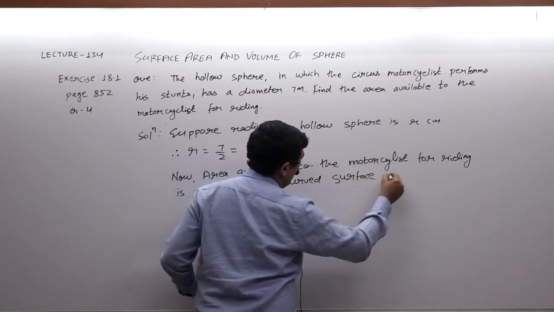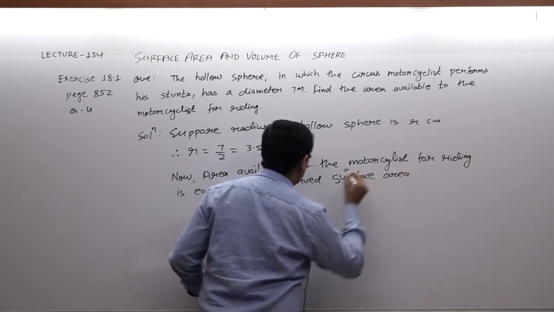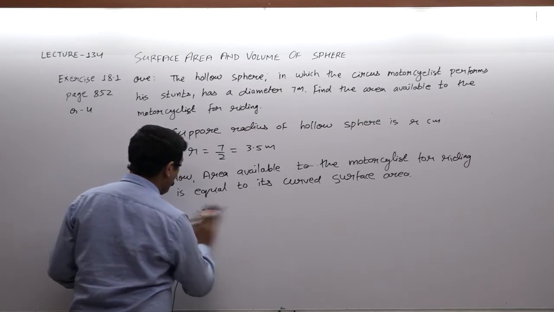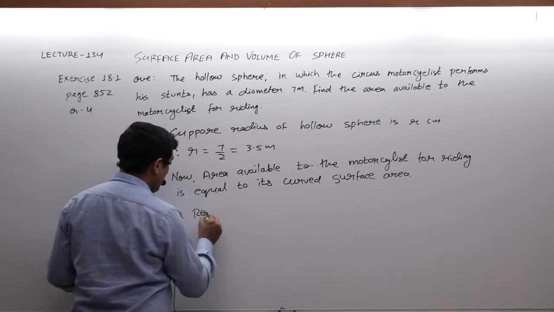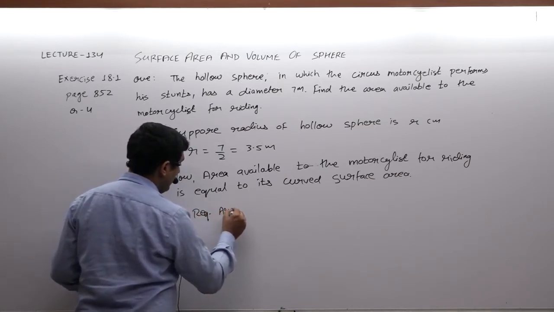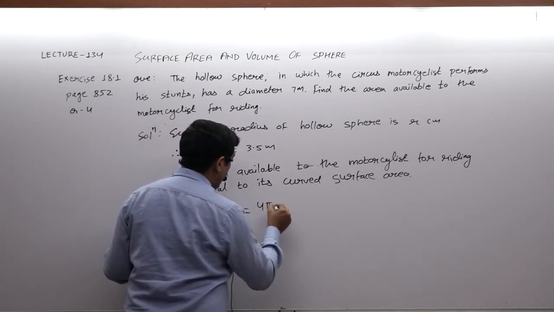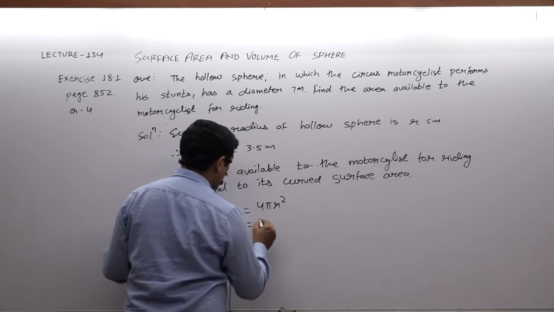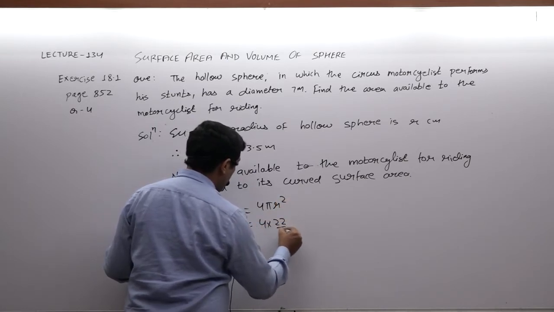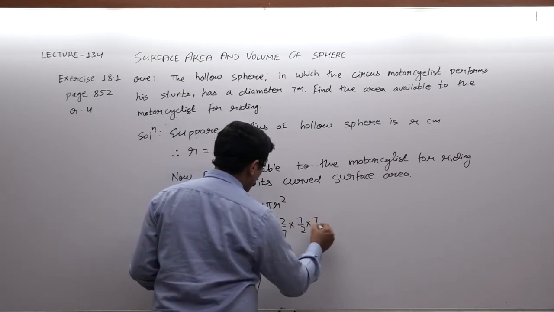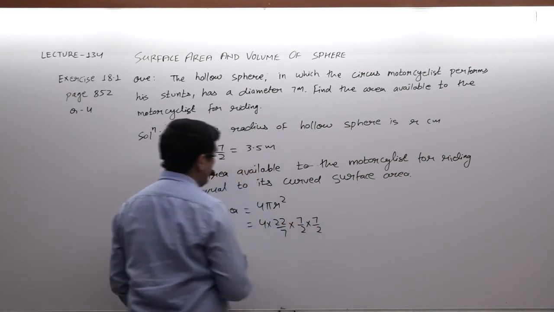Therefore, required area is equal to 4 pi r square. That is 4 into 22 upon 7, r is 7 by 2 into 7 by 2.